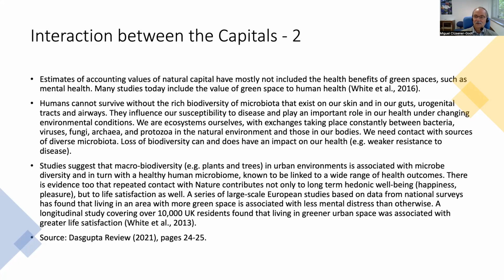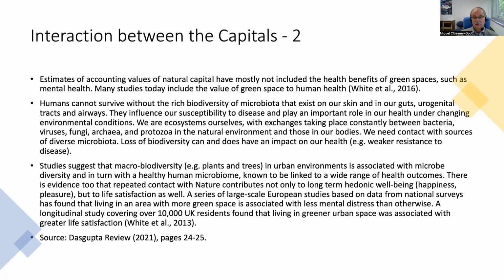All these live in our bodies, and this microbiota are, for example, important to digest the food, to protect us against other bacteria. So if we weaken this down, we get sick. And this is a real point of it.